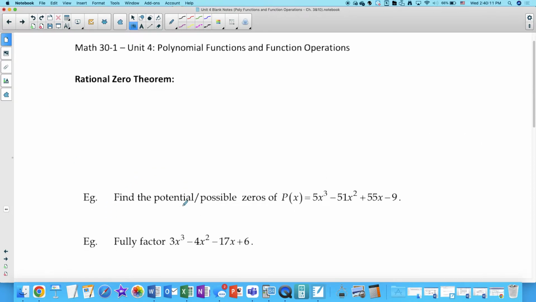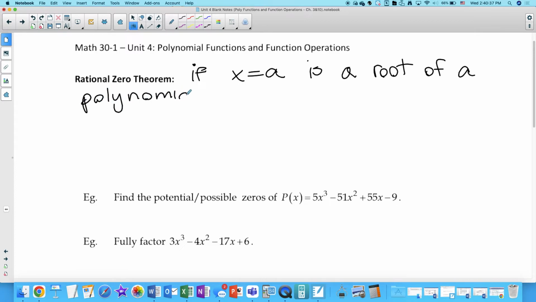The rational zero theorem states that if x equals a is a root of a polynomial p of x, like for example, when I had that last one, 2x plus 1 times x minus 5, negative 1/2 is a root, because it's the value of x that makes the polynomial 0. 5 is also a root.